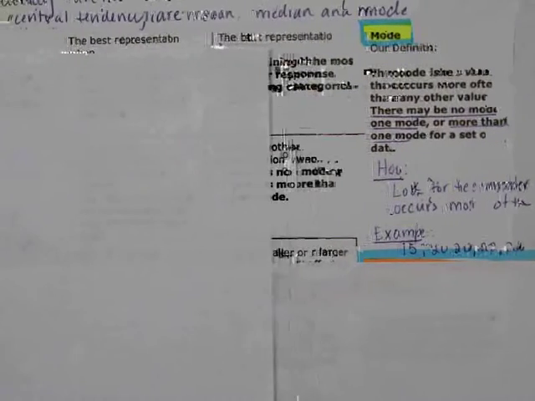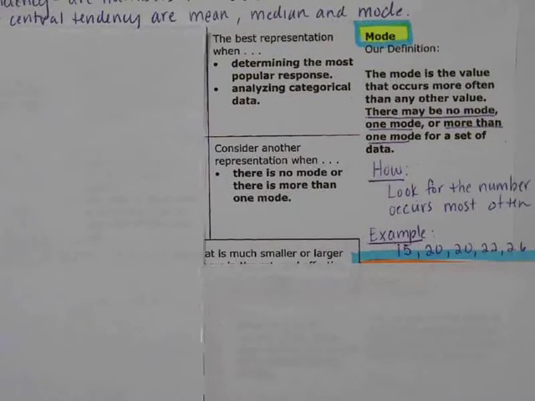So again, tomorrow we'll deal with this in more depth. But the best representation for mode is when you're determining the most popular response or when you're analyzing categorical data. You might want to consider another representation when there is no mode or when there is more than one mode.